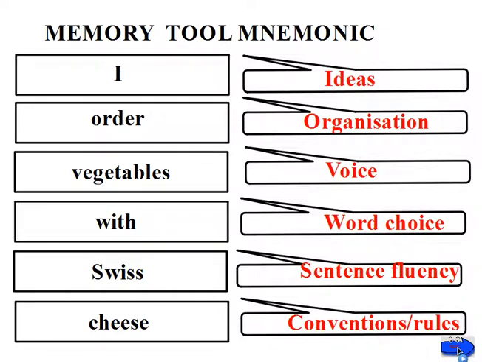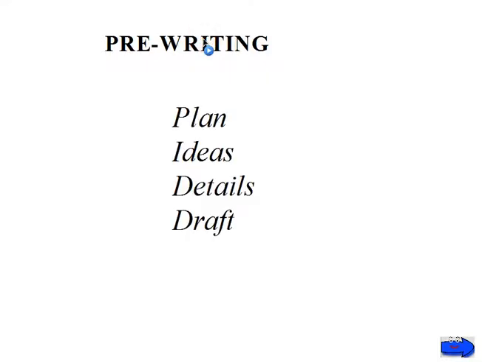Writing has several stages. The first is pre-writing. At this stage, you are to think about the plan, the ideas, details, and probably even to write the draft of your story. I'm not going to speak about how you write.